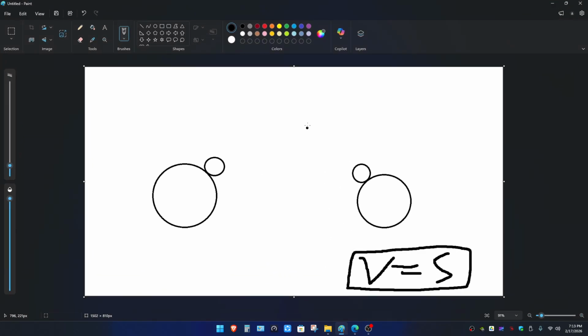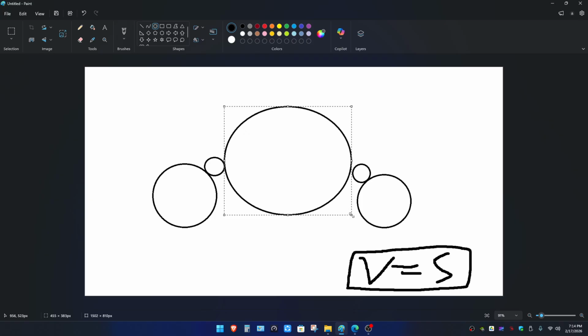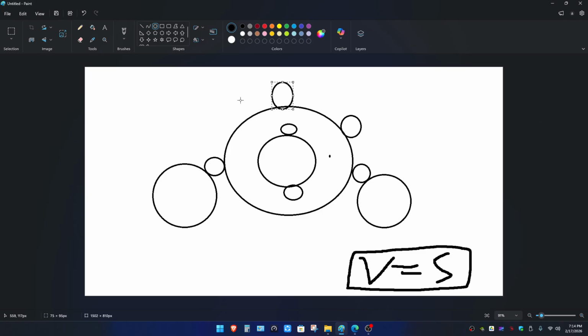So in this case, what I will do is make one here, and another small one here. 1, 2, so this is the first shell, and this is 1, 2, 3, 4, 5, 6, 7, 8. So you might be asking, what is this? This is H2O.